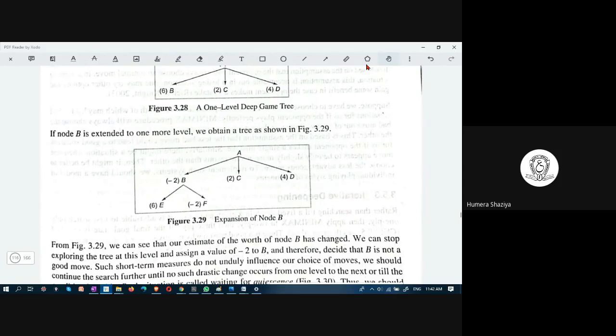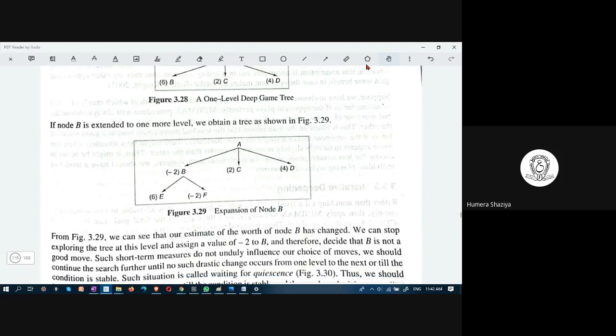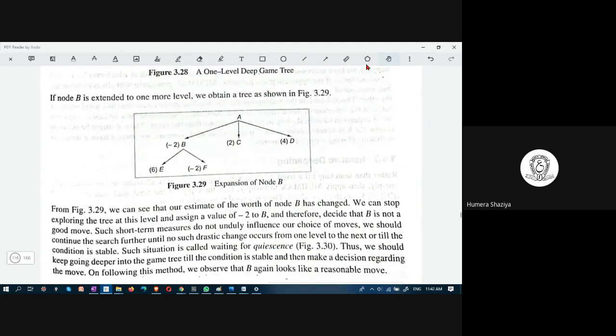If such changes would occur, then we should not move further in that path. We should continue the search further until no such drastic change occurs from one level to the next, until the condition is stable, and such a situation is known as waiting for quiescence.